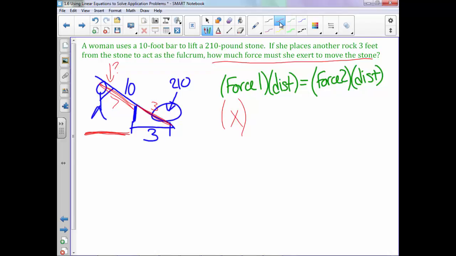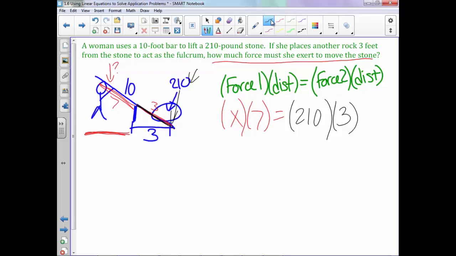So the distance from her to this fulcrum is 7. And now our force 2, we know that's 210 pounds, because that's how much the stone weighs. That's the force the stone is putting on the rod. That distance then is 3, because it's 3 feet from the stone.